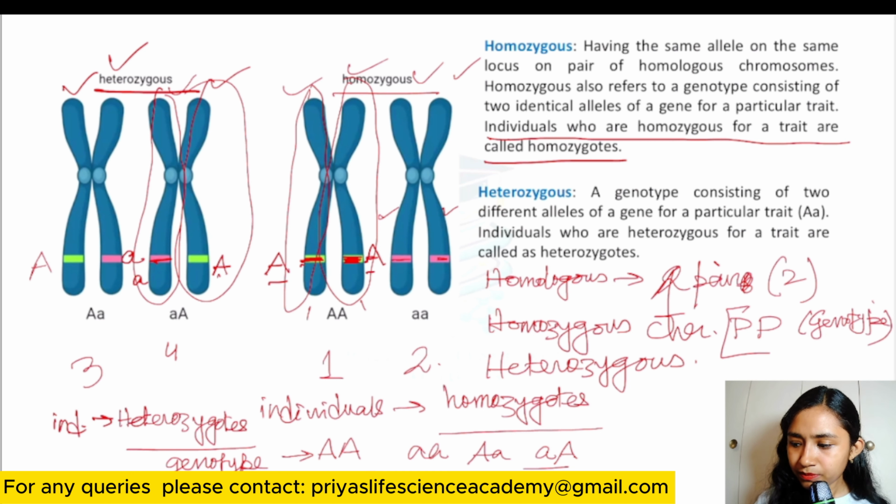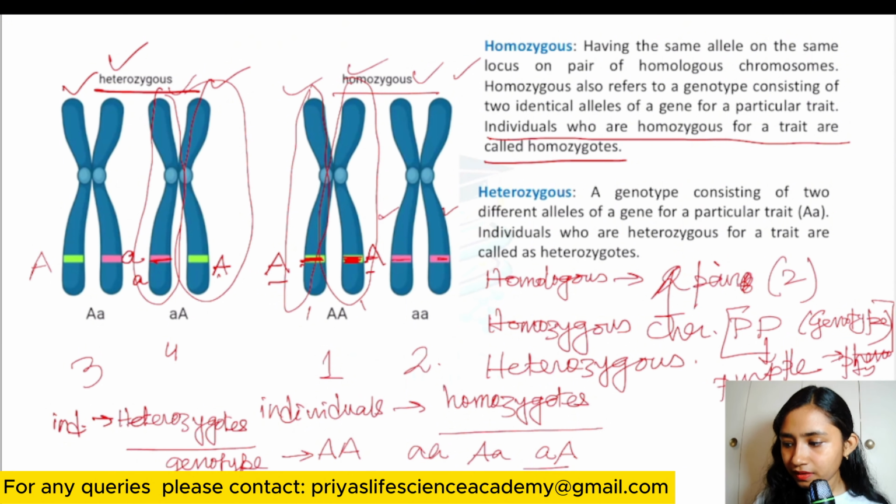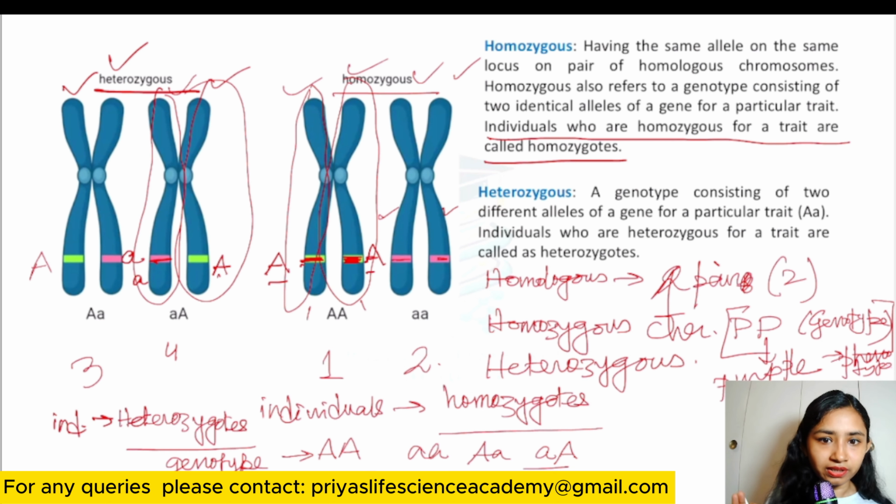The type of alleles we express for a particular trait is known as genotype. But what we can see for capital P is the purple color. The purple color is the phenotype. So phenotype can be seen from outside, that is external, and genotype is internal. I hope you understood, students.